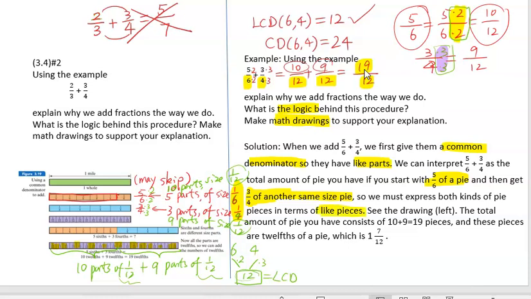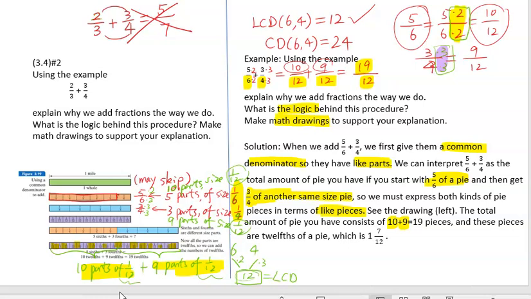So the total amount of pie we have now is 10 parts of size 1/12 plus 9 parts of size 1/12. So together we have 19 twelfths. If you want to convert to a mixed number, that's 1 and 7/12. So we have 1 pie plus 7/12 of the pie.